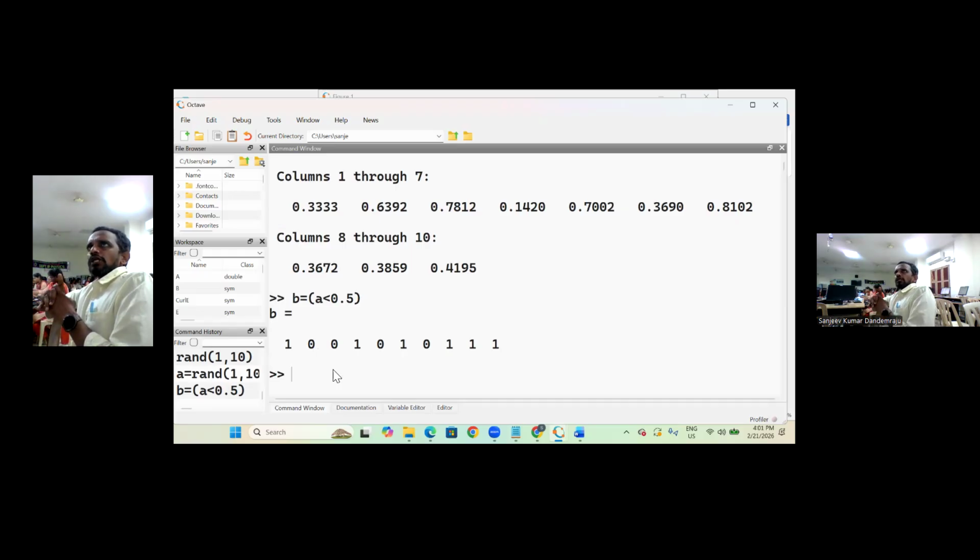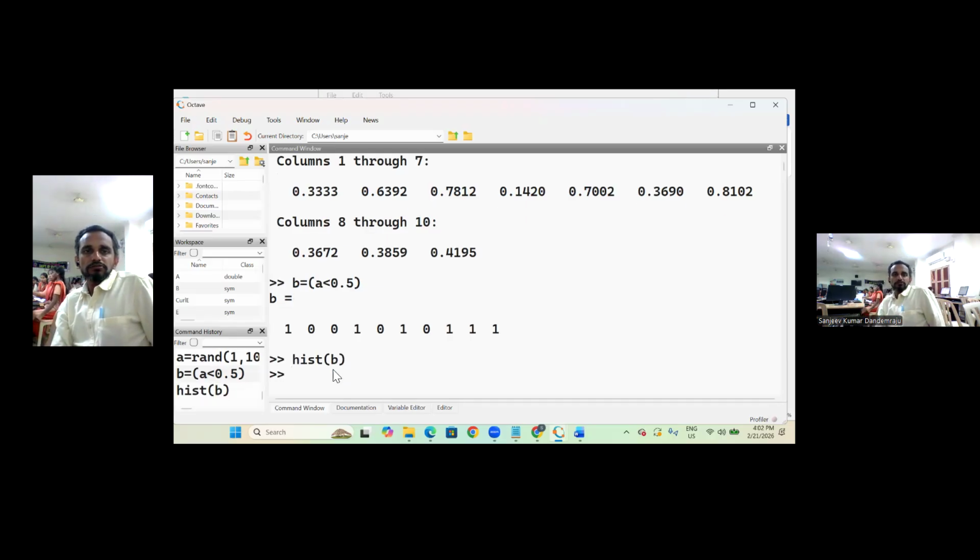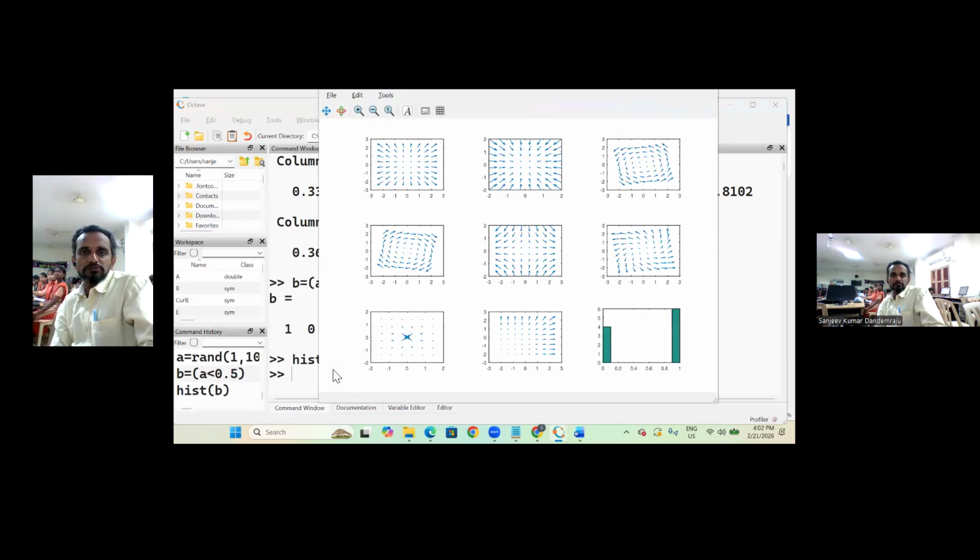So are you getting 1 exactly at the same locations where you got a number less than 0.5? Right? So you got 4 zeros and 6 ones in this case. On your system, you may get a different set of numbers. And finally, hist B. You got a histogram.